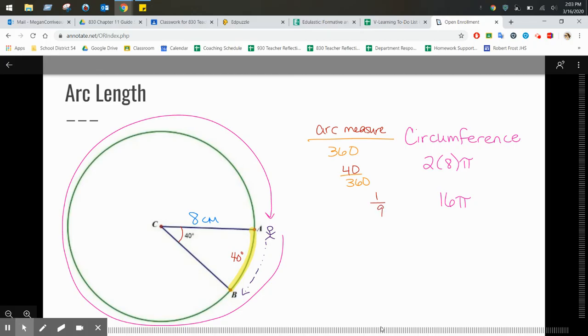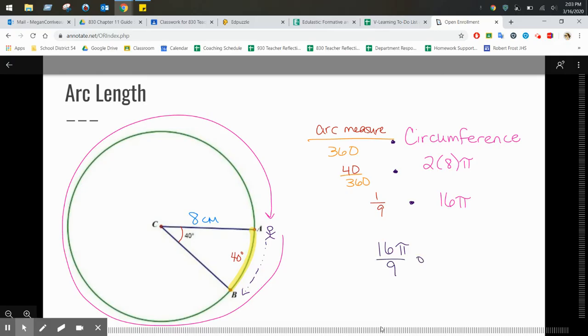So the arc measure out of 360 degrees, that's the fraction of the circle that I have to walk, not the whole thing. So I want to have that fraction of the circumference, or that 40 out of 360 times the 2 times 8 pi, or 1/9 of 16 pi. So when I do 1/9 times 16 pi, I would get 16 pi over 9.